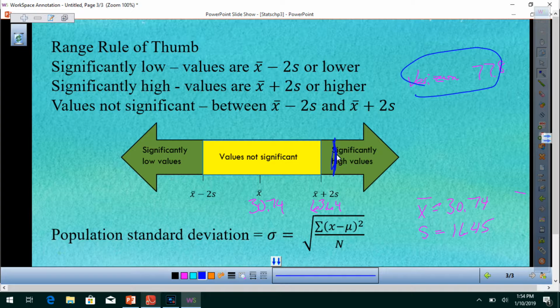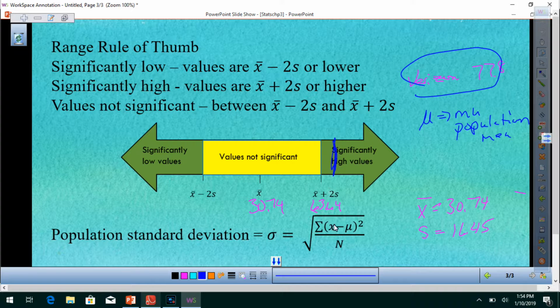The next thing is the population standard deviation. We have this new symbol here, mu. It's pronounced mu, and that is the population mean.